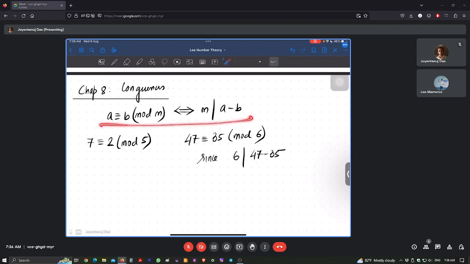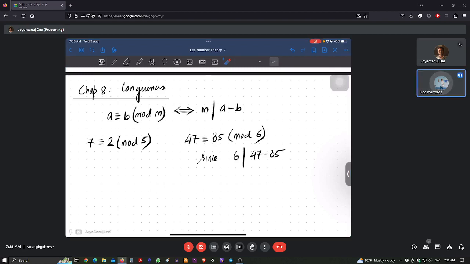This is the definition: we say A is congruent to B mod M if and only if M divides A minus B, if M divides the difference between these two. When you say divides, it means it's a factor, right? Yes, divisible, no remainder. So 47 minus 35 is 12, and 6 divides 12.